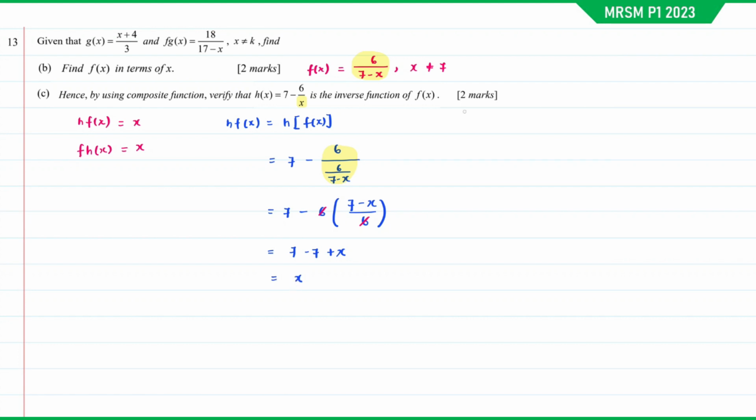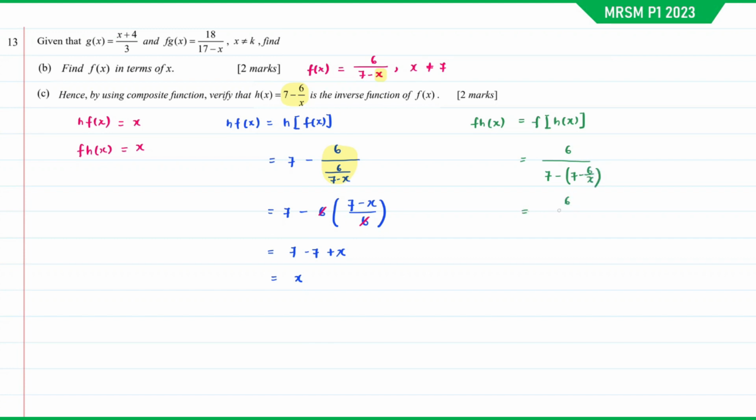Or you can use the composite function fh. Here, we're going to input the function h into the function f at the x here. This is equal to 6 over 7 minus (7 minus 6 over x).